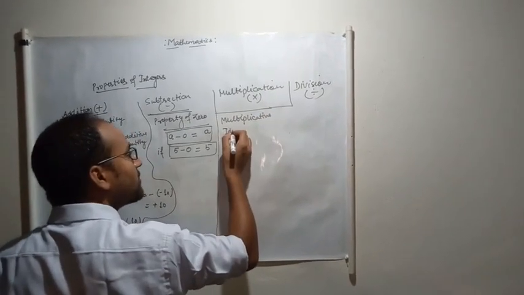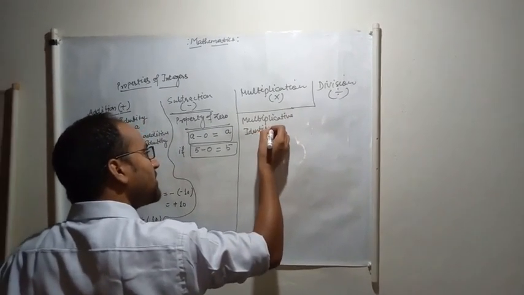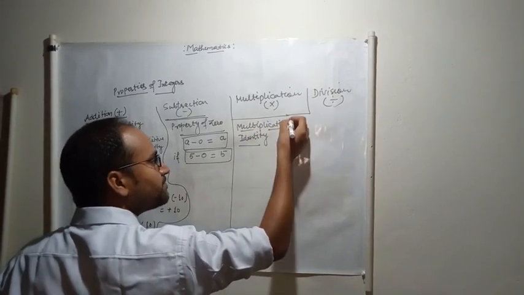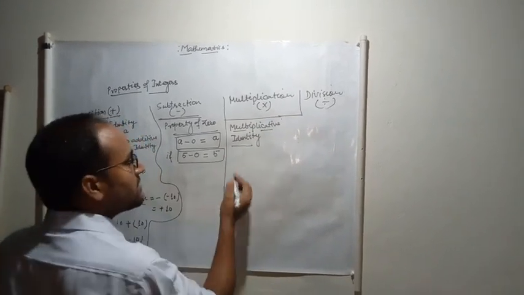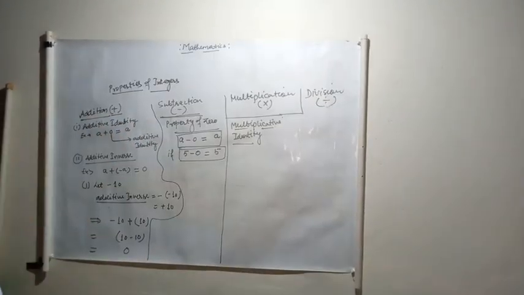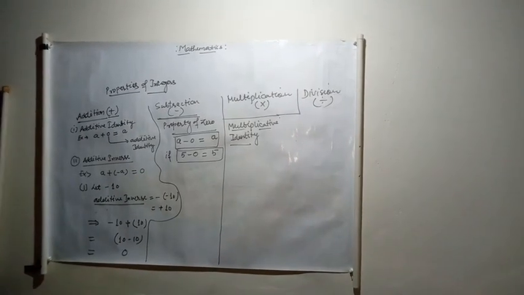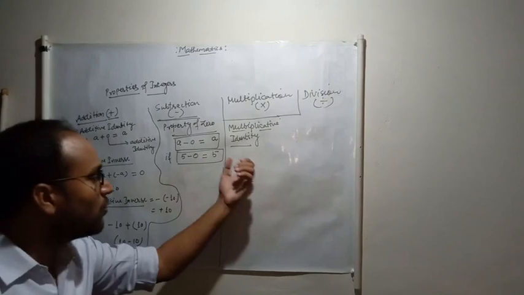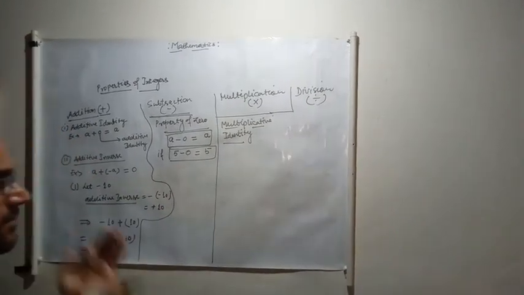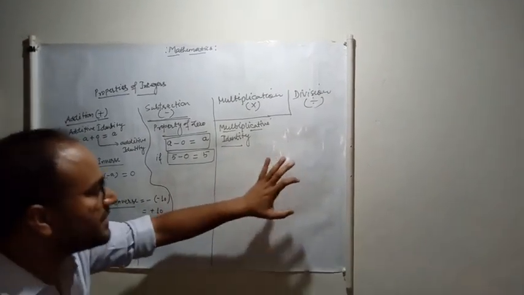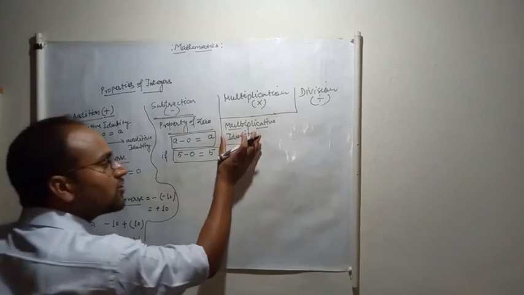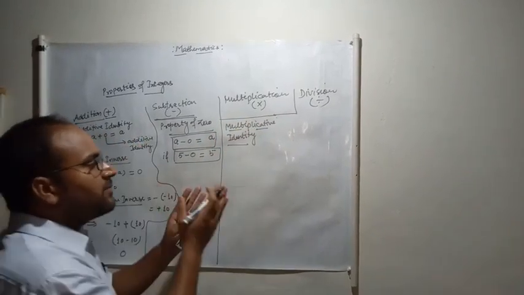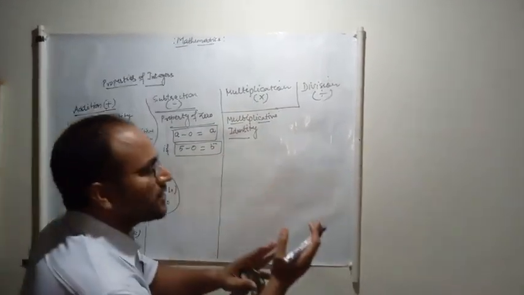That is a special property. In this case, students, it is very easy. Multiplicative identity means that if you multiply any integer by 1, you will get the same result. The same integer means its identity is not going to change. If it is 5 and you multiply with 1, you will get 5.